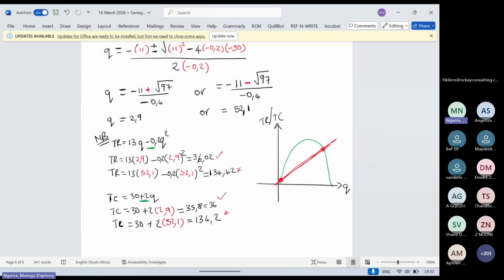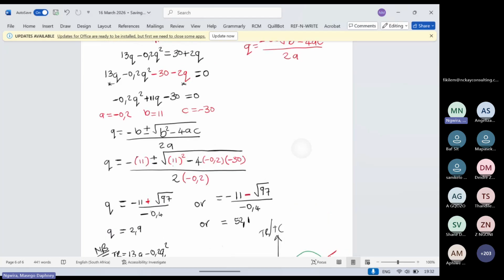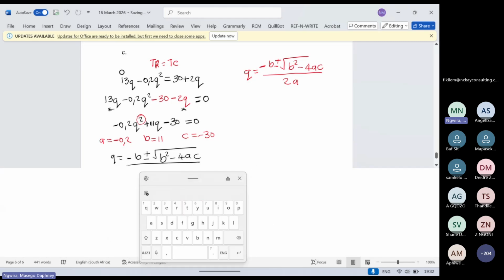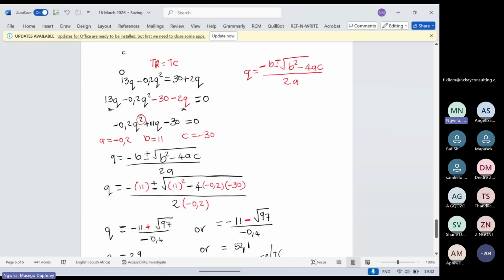We only use this formula if we have to solve for Q and we have the square. That's where we use the quadratic formula. If you can factorize, you can try, but the answers are decimal numbers, so we always use the quadratic. I did actually factorize.